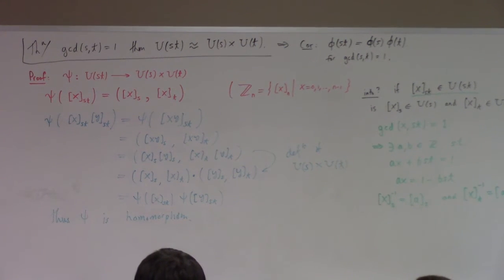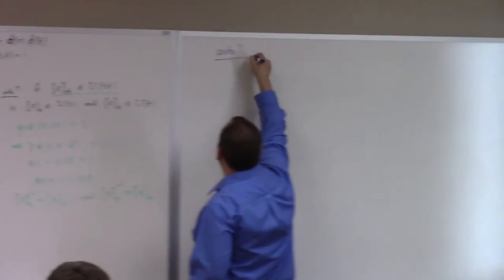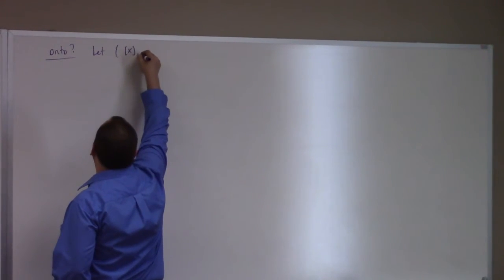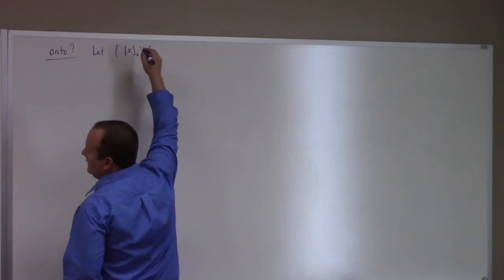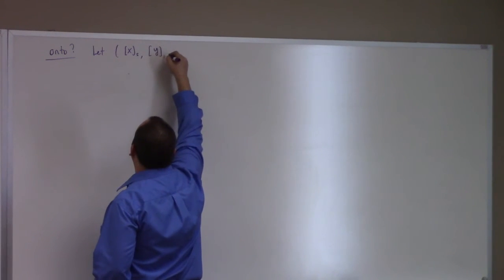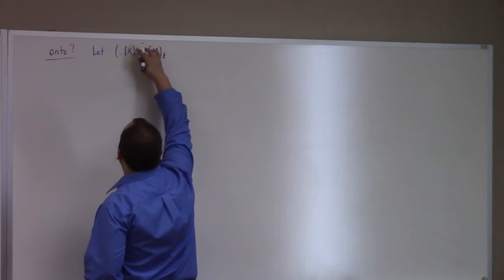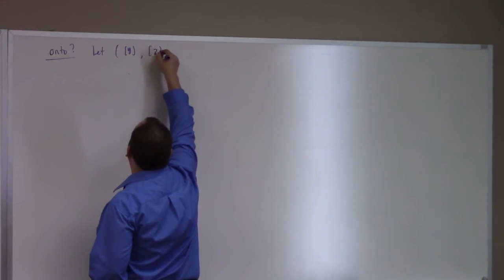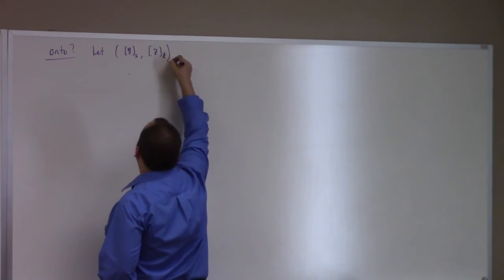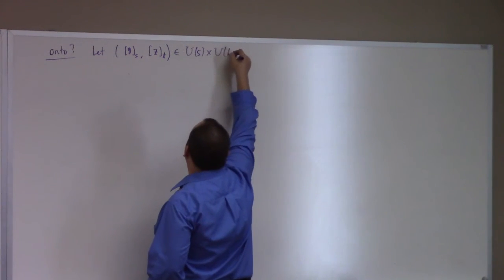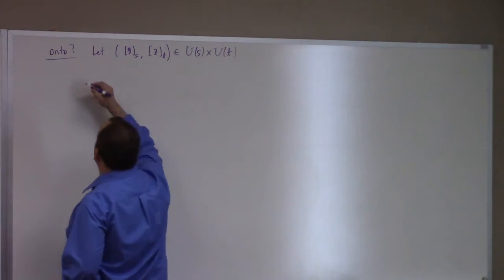So what do we need to do for surjectivity? So let's let x sub s, and I suppose I should do y sub t, right? Maybe I should, let me do y and z here. So that's going to be an element of U_s cross U_t, and we're looking to find what we want.